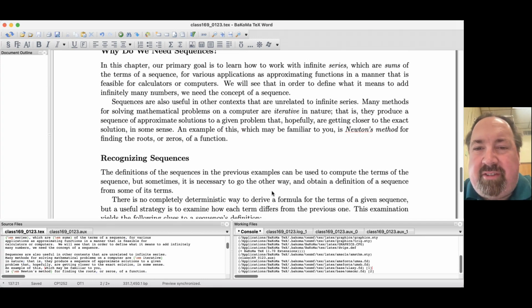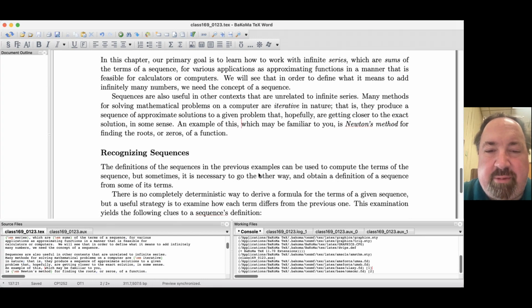And while that sounds frivolous, I will point out that sometimes in my own research, I've had to have some expression that comes about by whatever means, and I need to recognize, oh, that's a sequence, and now I know more about how those numbers behave, and that helps me move forward with whatever I'm doing. So that actually is a real application, being able to recognize a sequence and work with it.